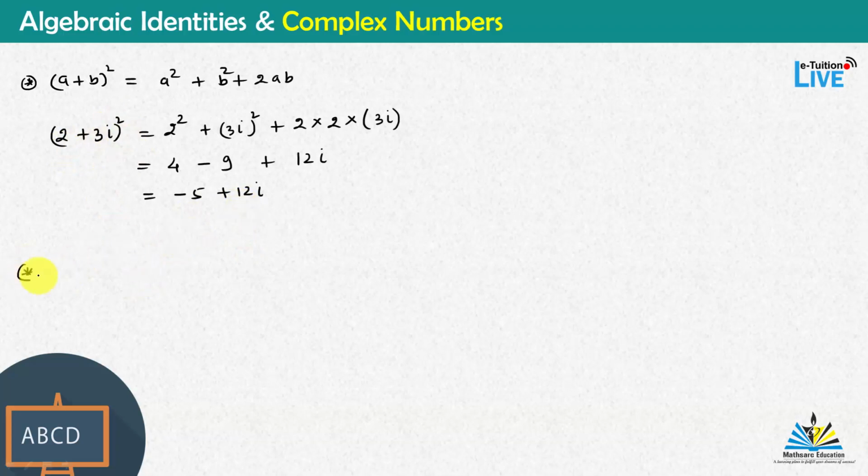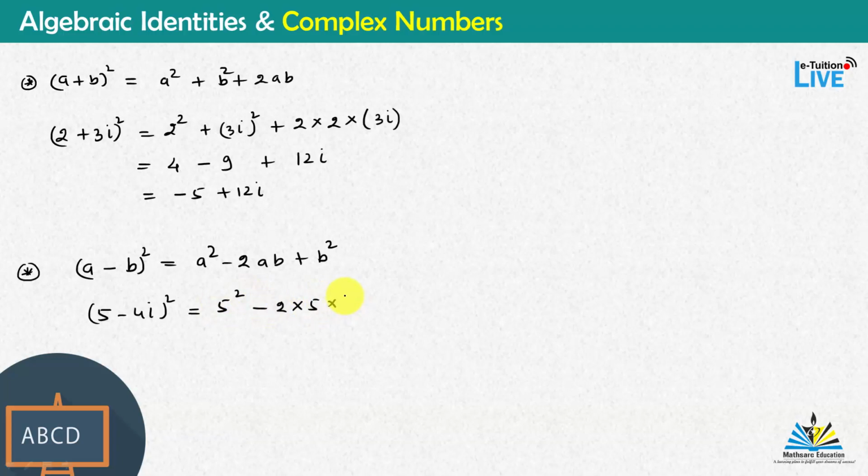Let's have another identity, a minus b whole square, that is a square minus 2ab plus b square. You can apply this. So if we have 5 minus 4 iota whole square, then we can write it as 5 square minus 2 into 5 into 4 iota plus 4 iota whole square.